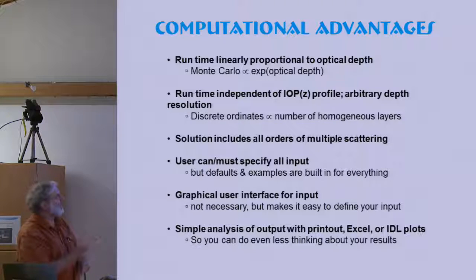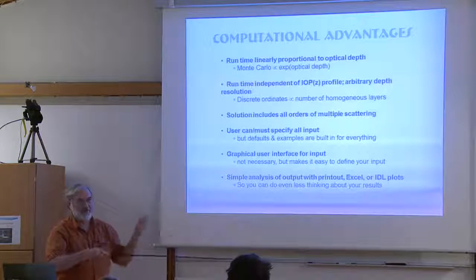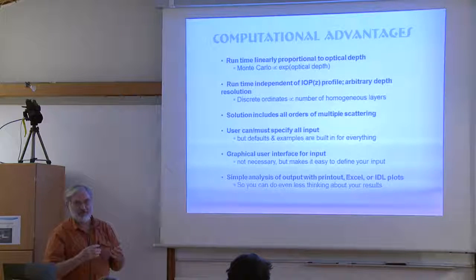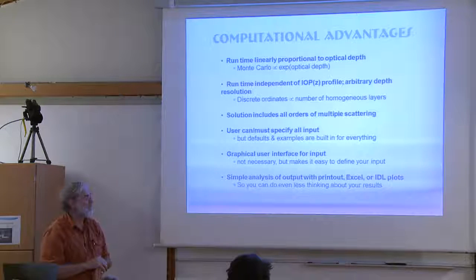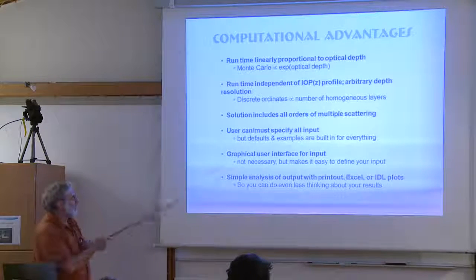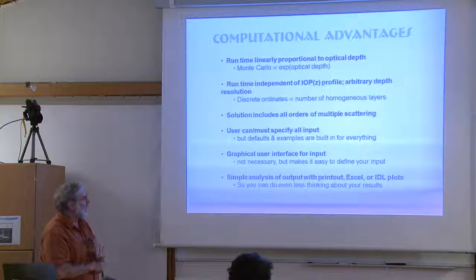I've already said it includes all orders of multiple scattering, and the good news is you can put in any inputs you want, and the bad news is you have to put in the inputs. It doesn't know anything about your water body. And then there's various ways to do that. We'll see in a minute.